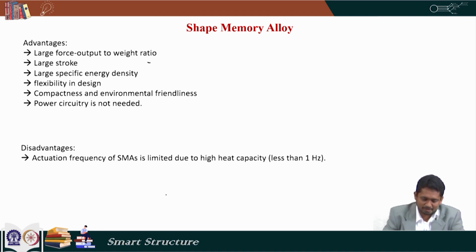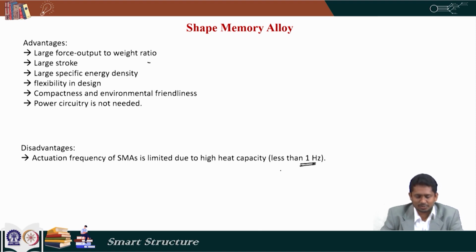However, there is one problem here: the actuation is through heat, and this material has high heat capacity. So, that is why the actuation is not so fast, it takes time to warm the material to raise the temperature. That is why the actuation frequency is generally around 1 hertz.